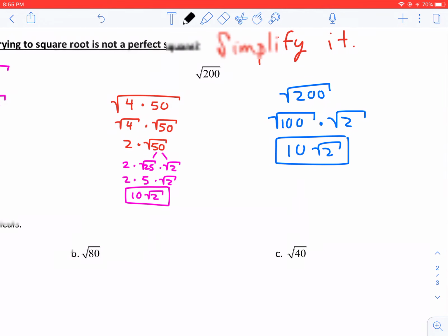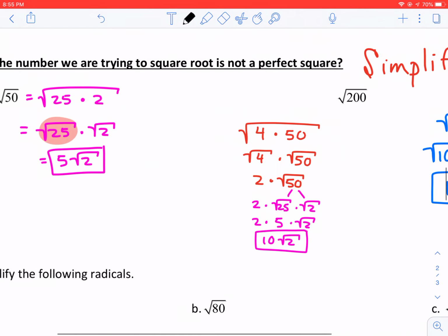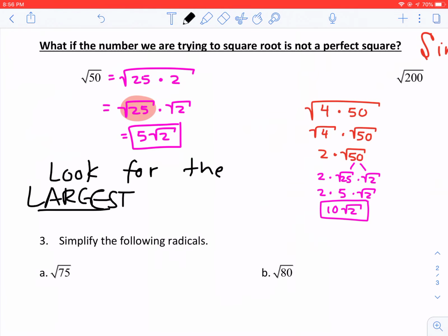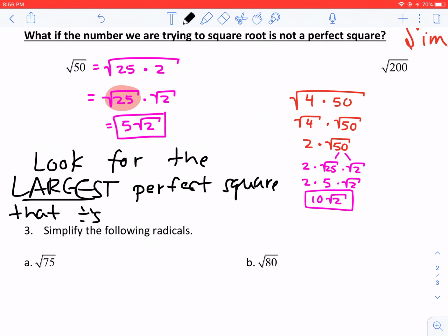So look for the largest perfect square that divides into the, right, I'm going to throw a vocab word at you. That number underneath the radical is called the radicand.